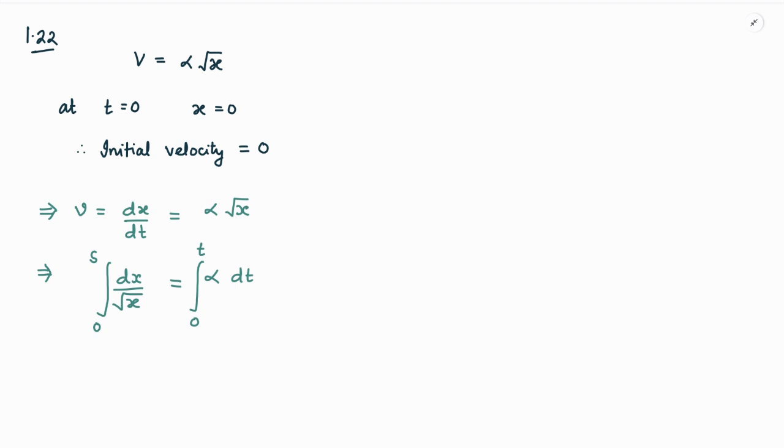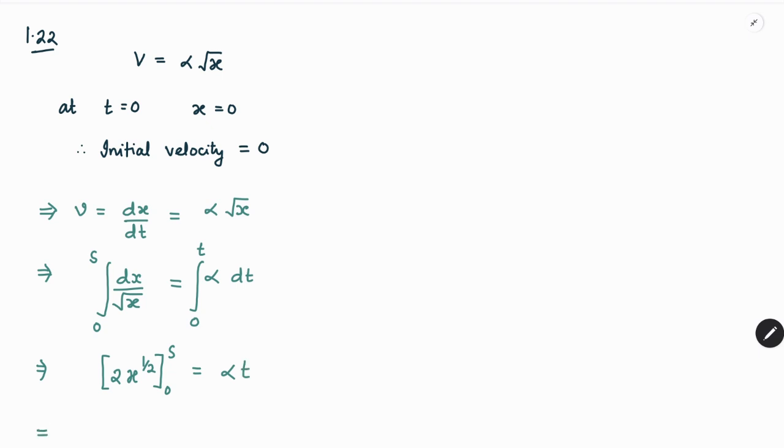If we solve this expression, we obtain x to the power minus half plus 1, that is x to the power half, divided by half, or 2 up here, from 0 to s, which is equal to alpha t.